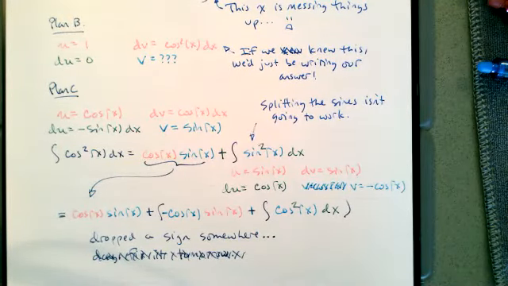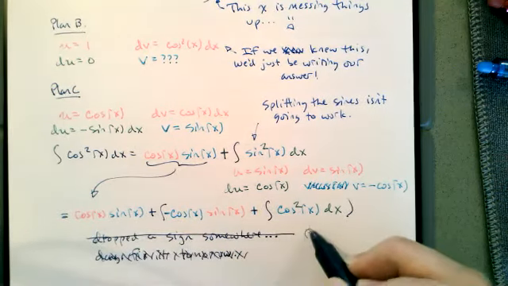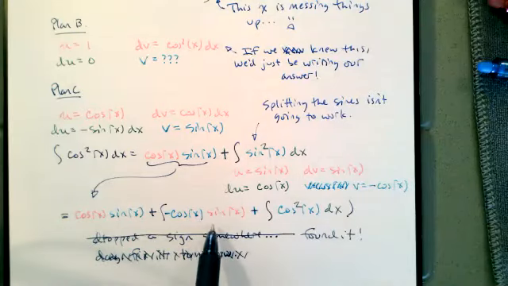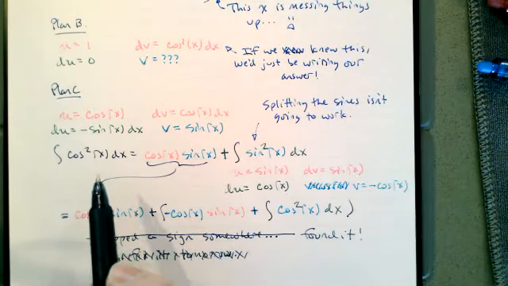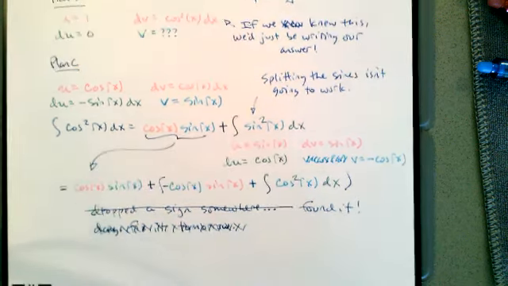So now we can see a problem, because notice that we have cosine sine plus a negative cosine times sine. So what happens to these two terms? Now I've fixed this sine problem. Found it. So what happens is these two terms now cancel out, and we're left with the integral of cosine squared x dx is equal to the integral of cosine squared x dx. And that is not helpful.